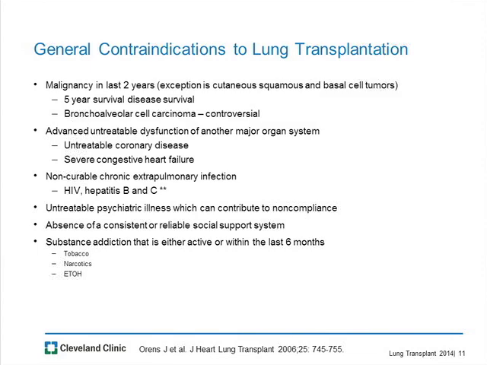If a patient has untreatable psychiatric disease that can contribute to noncompliance, that is a contraindication to lung transplantation. That is absolute. The absence of a consistent or reliable social support system is extremely detrimental to a post-transplant course and is considered a contraindication to transplant.